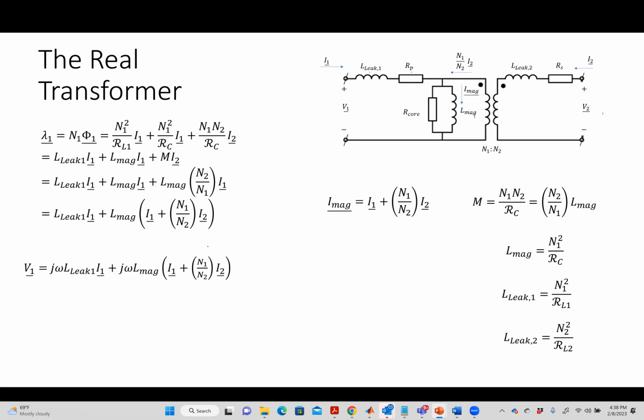All right, so here's kind of a summary of all that, for my real transformer. So basically I have what I see for V1. And then I've defined what my IMAG is. IMAG is the current in the magnetizing inductance. And basically the way I think about this is it's sort of the equivalent current that is magnetizing the core from the perspective of the primary.